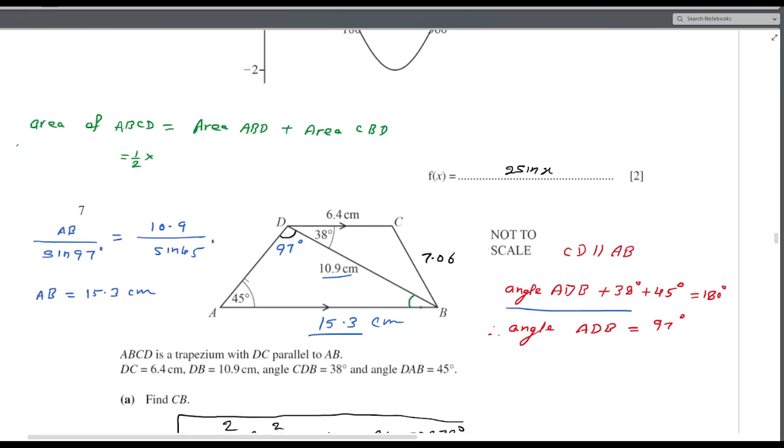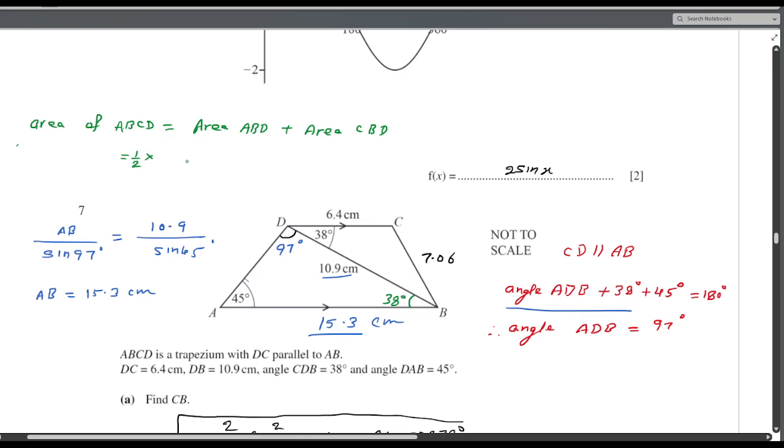Can I find this angle? 180 minus 97 minus 45, that is 38. So this angle is 38.